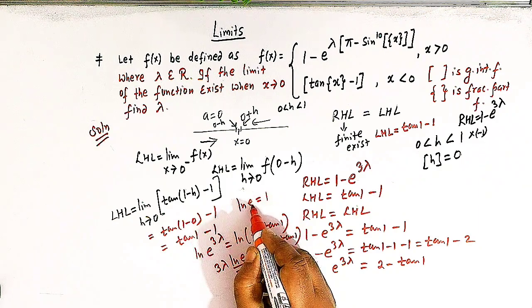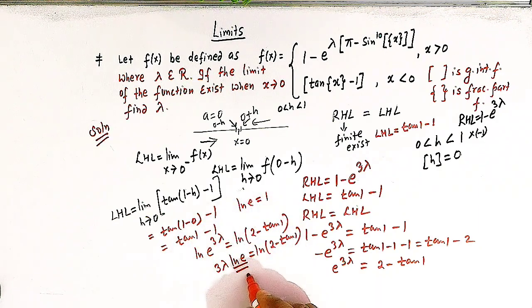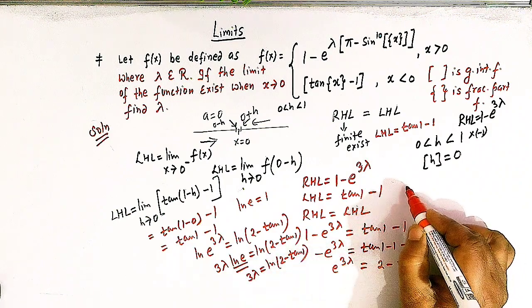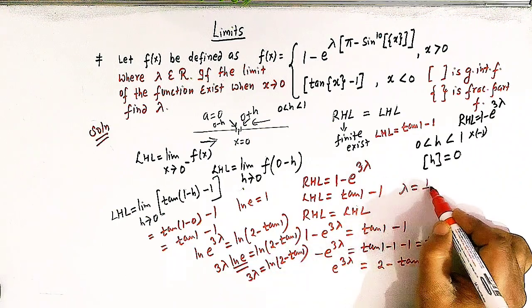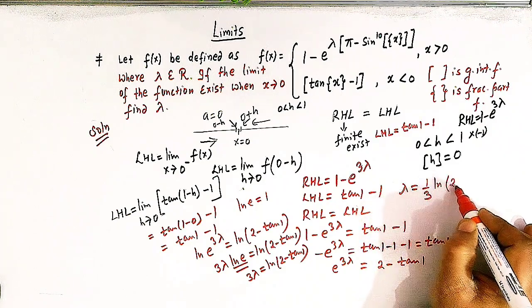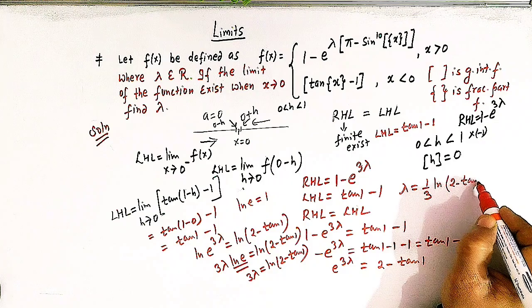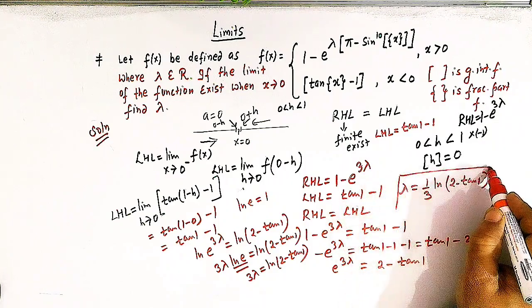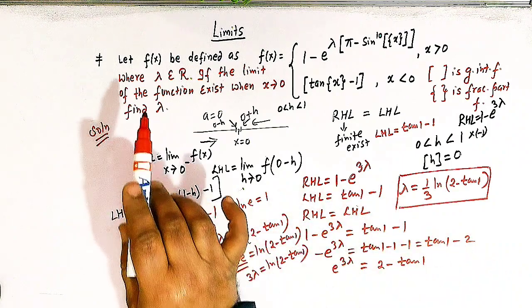The natural log of e is 1. So here we have simply 3 lambda is equal to the natural log of 2 minus tangent of 1, right? So we can now write lambda is equal to 1 over 3 times the natural log of 2 minus tangent of 1, right? So this is the required value of lambda.